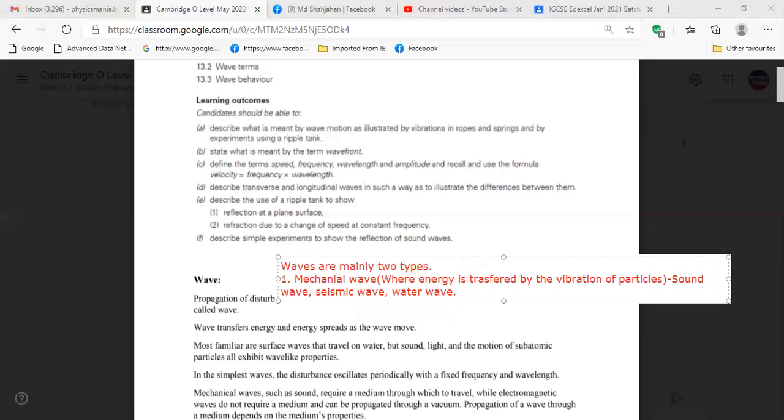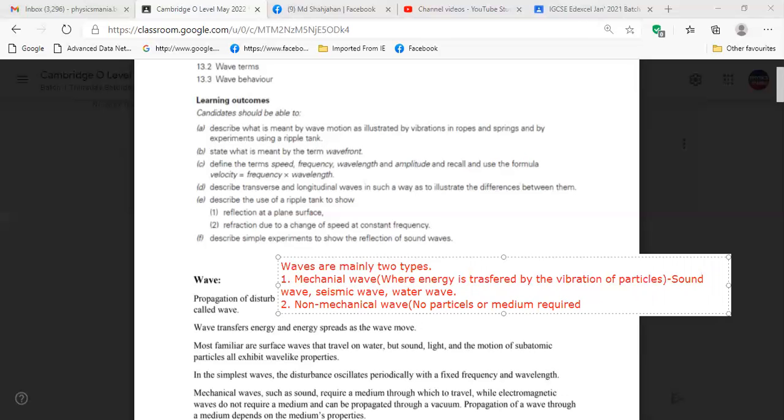Then after this you write two, non-mechanical wave. That is, no particles or medium required.